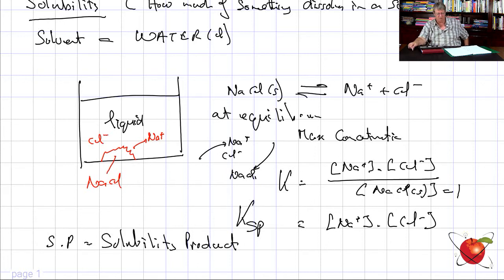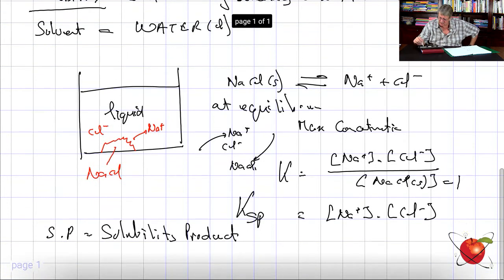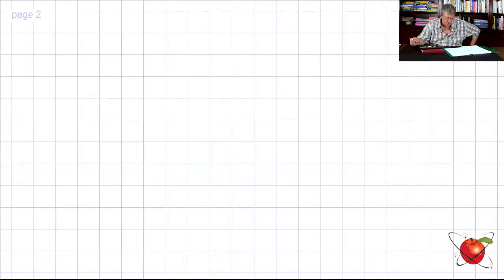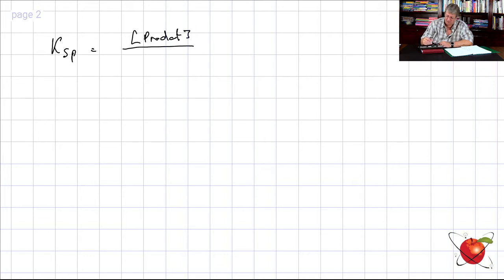That is critical, because let's just take a look at this in a little more detail, shall we? Let's stick with salt for a while. As you know, the Ksp is equal to product over reactant.